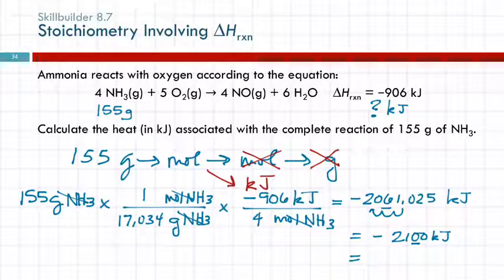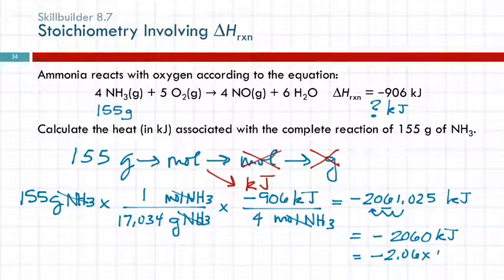Wait, let's just rewind. It would be 2060. See, I'm even having trouble with it. That's bad. 1, 2, 3. Or negative 2.06 times 10 to the 3rd kilojoules. That's a positive exponent because 2,000 is a big number. Any questions?